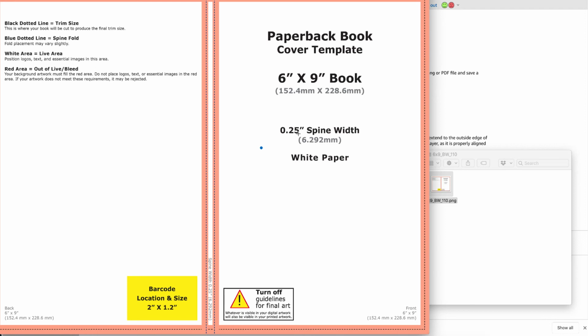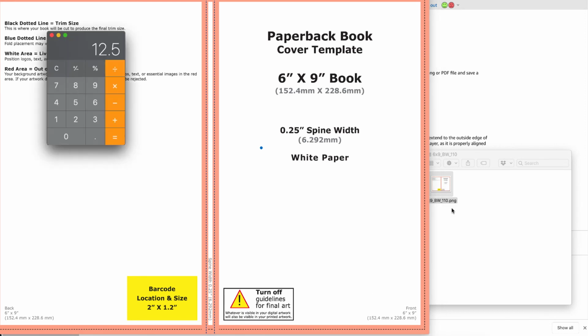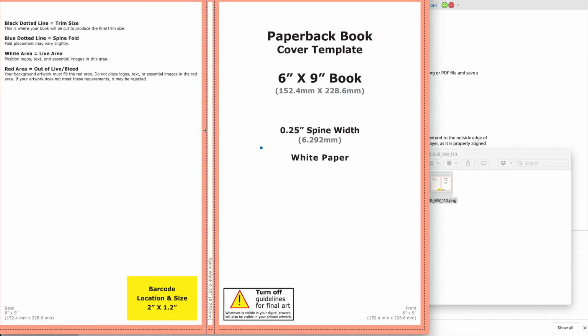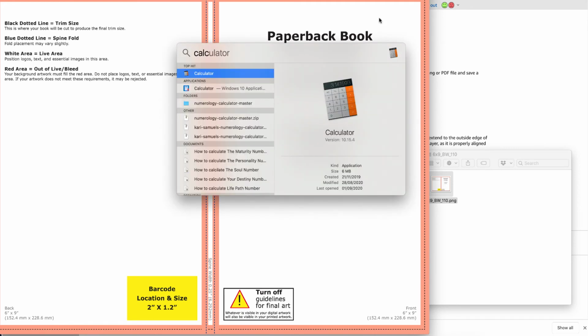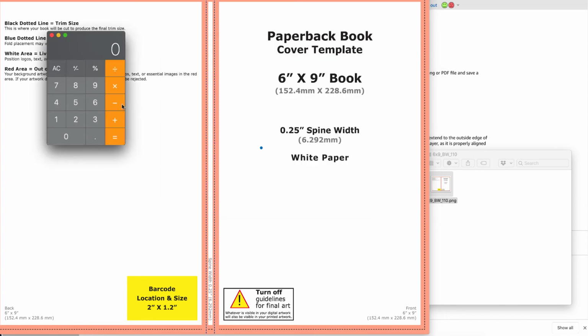So with this book, we also need to have the bleed and that spine width. So what you do is you need to work out. So I'll get my trusty calculator up. So we know that our book is 6, but that's for one side. So we need to add the other side on, plus 6. But that's not taking into account any of the bleed.